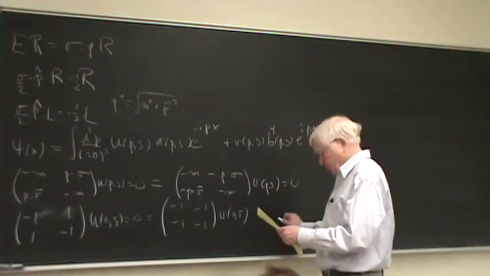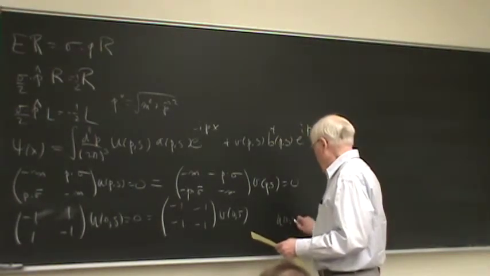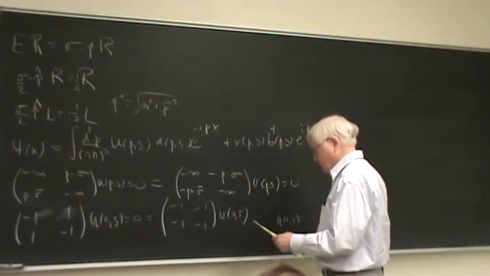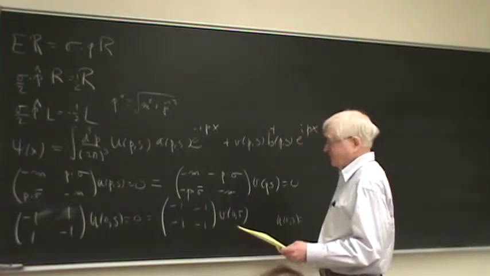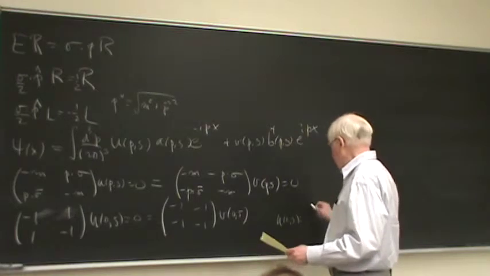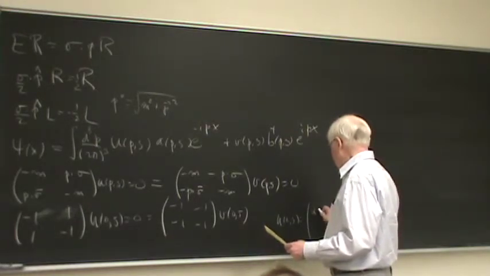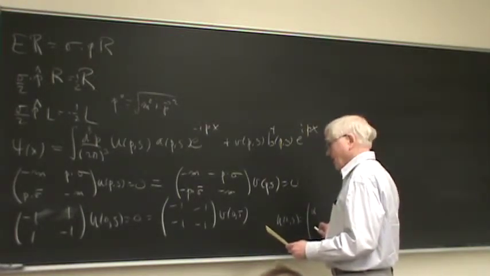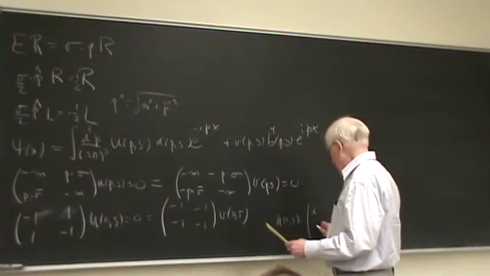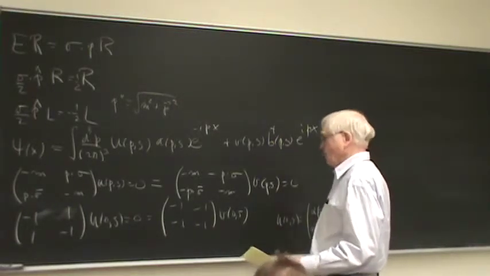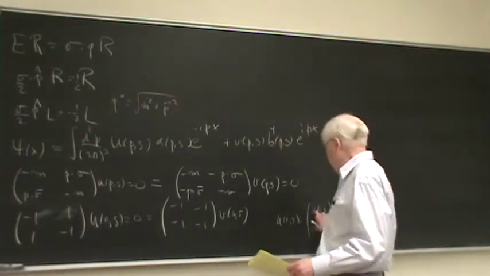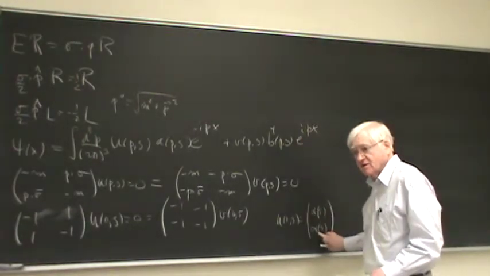And we can write u of 0, s as, now remember, that's a 4 component spinor, and so we can write it as alpha, alpha of s, where these are each 2 component spinors.